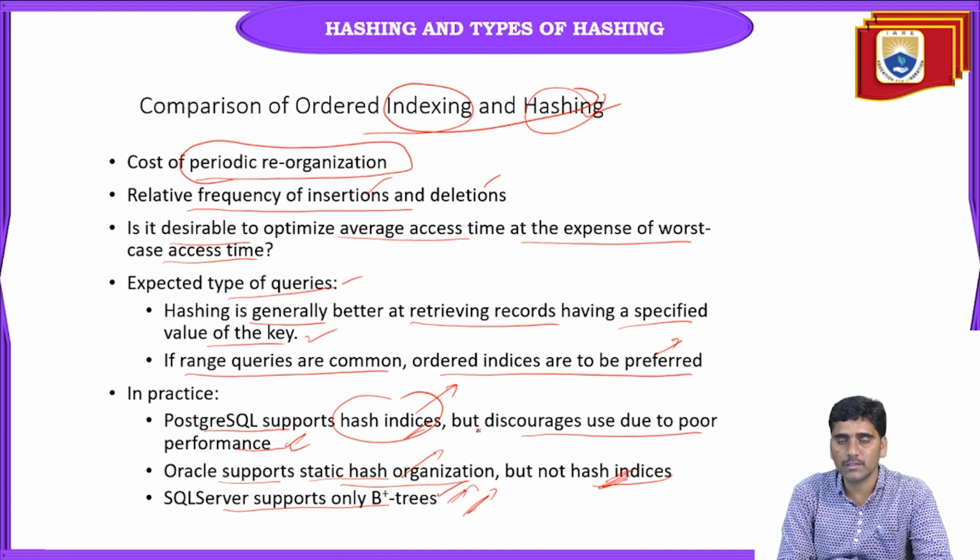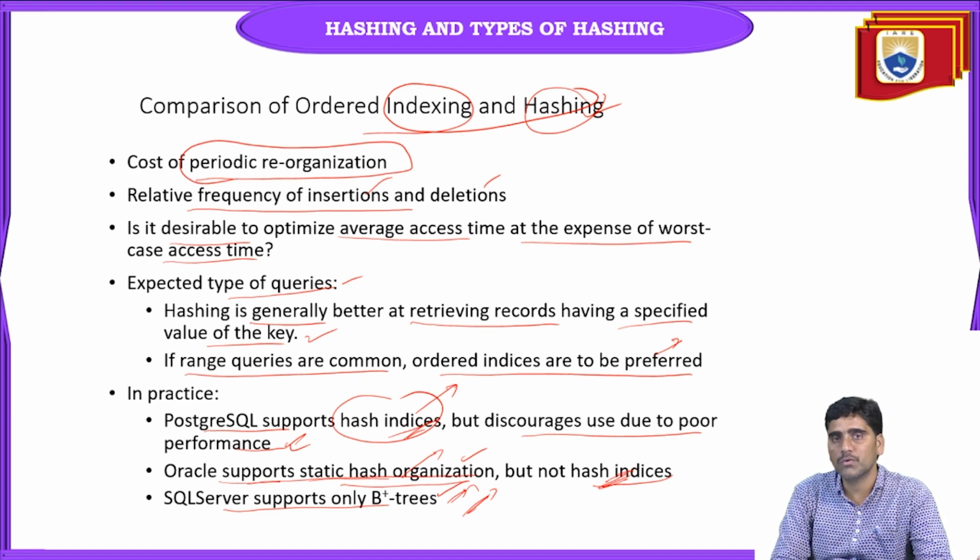But for hashing techniques, PostgreSQL supports hash indexes, and Oracle supports hash file organizations. Access-wise and overflow-wise, the indexing mechanism is also important. Indexing improves performance more than hash file organization or the hashing process.